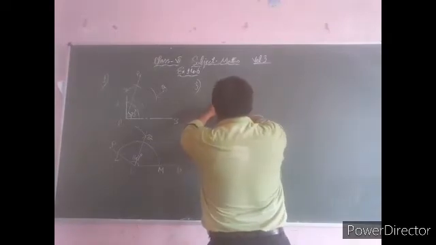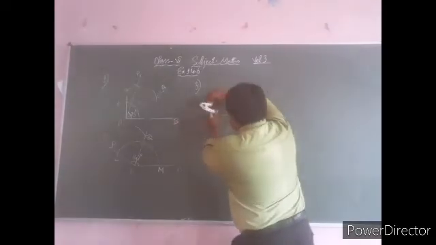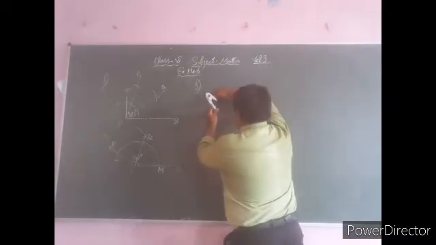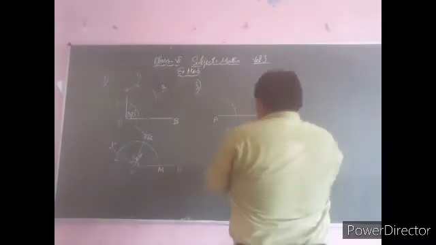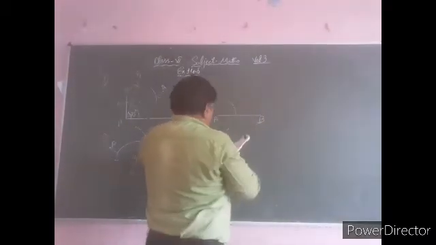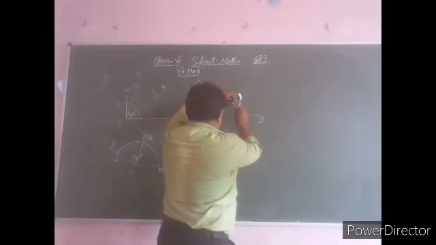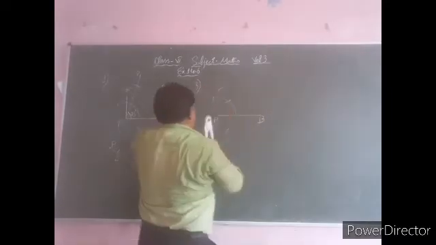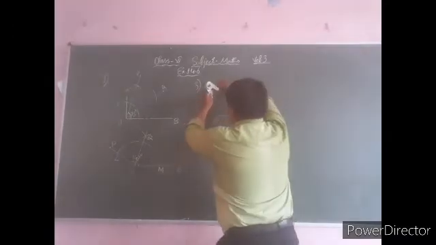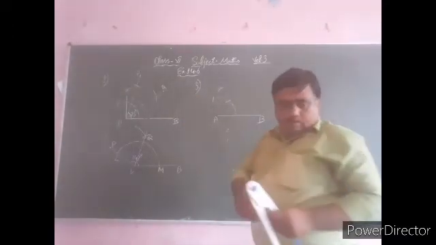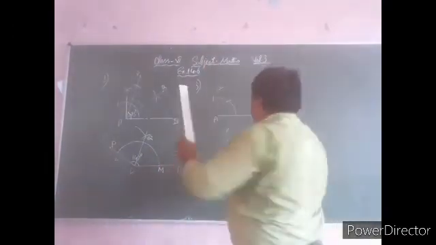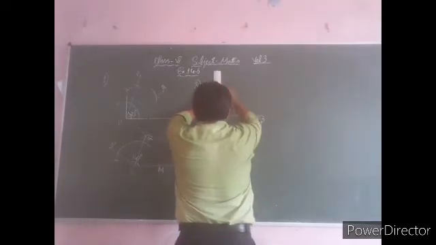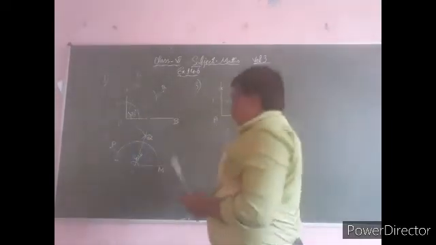Draw an arc of any radius, taking A as the center, and of the same radius, draw the arcs here. Join. So this is perpendicular.